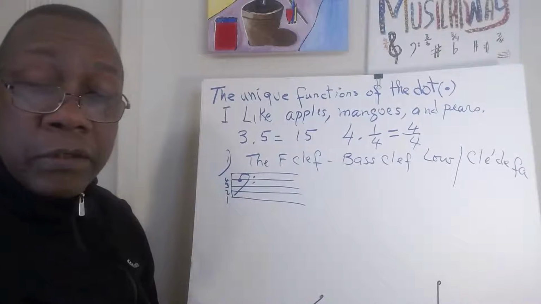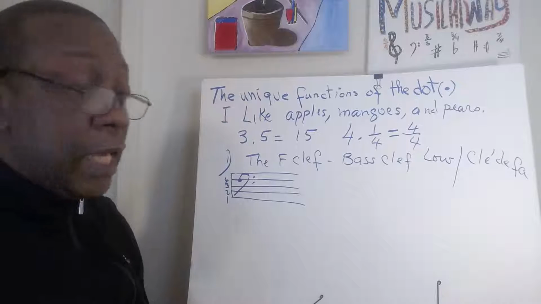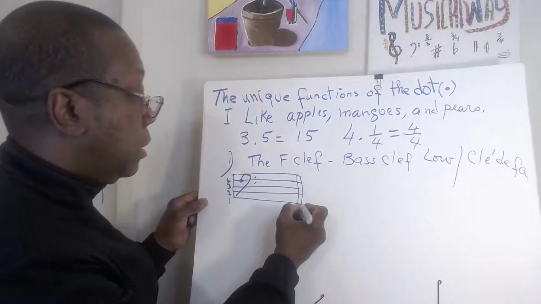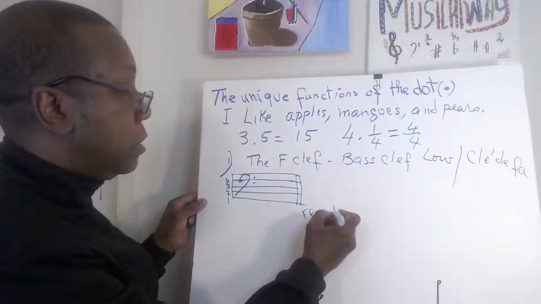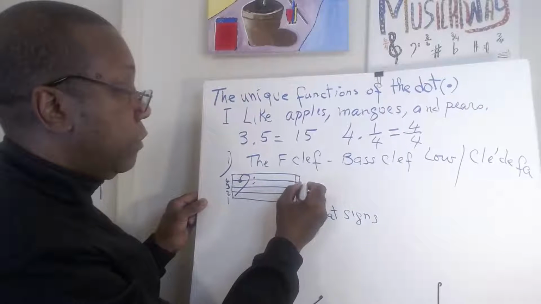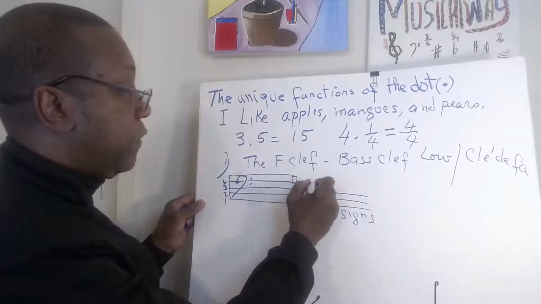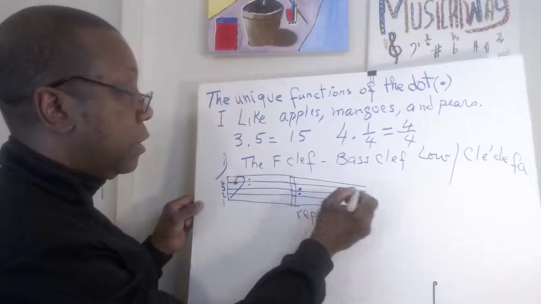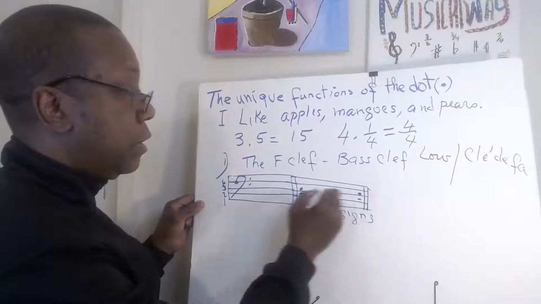And the second way that we look at it is when we deal with repeat signs. We have a double dot, and then another double dot.